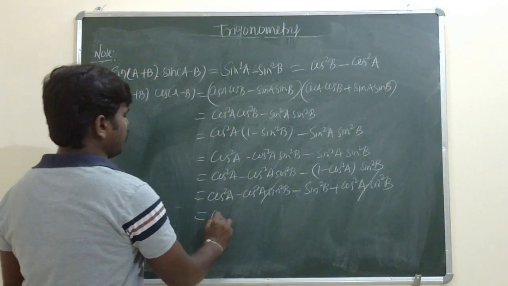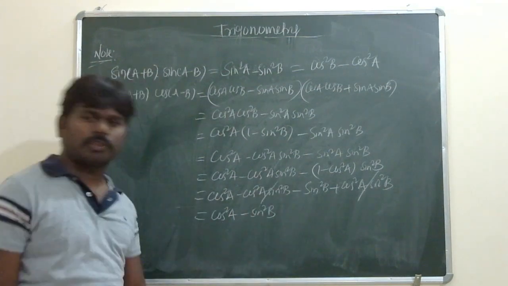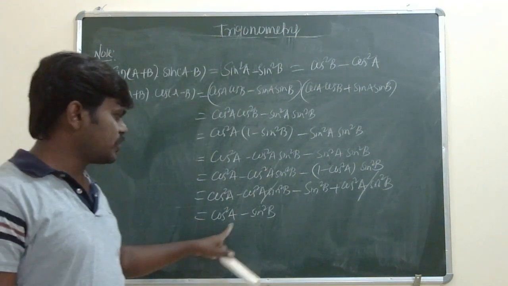Hence you will get cos square A minus sin square B. So cos(A plus B) into cos(A minus B) is equal to cos square A minus sin square B.